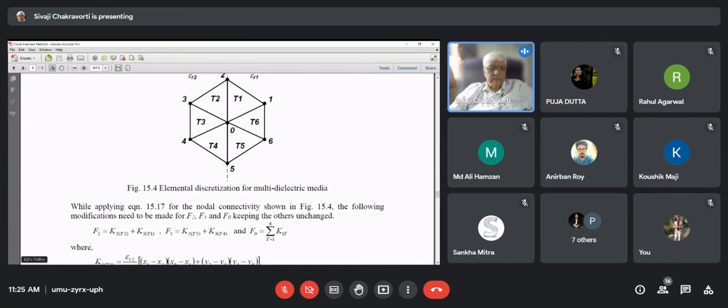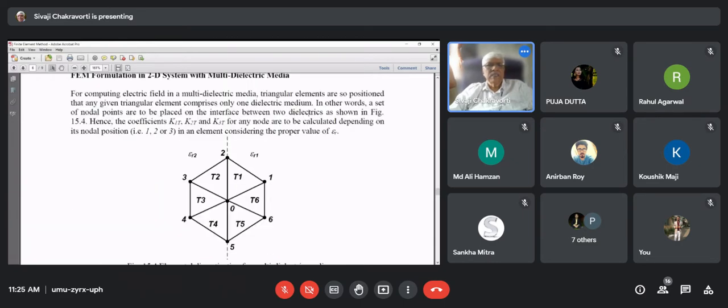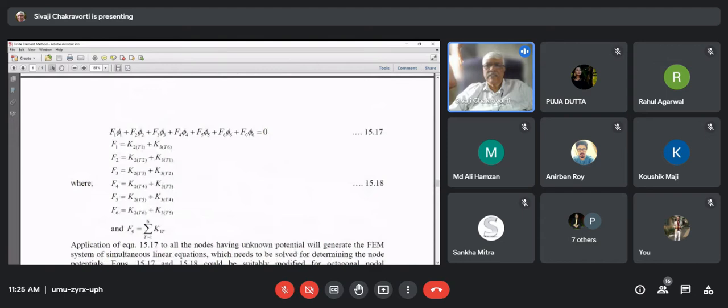For example, at the bottom of your screen, look at that. If I take node 2 and refer to equation 15.17, then for node 2 there is a coefficient f2, and f2 is the summation of two coefficients.